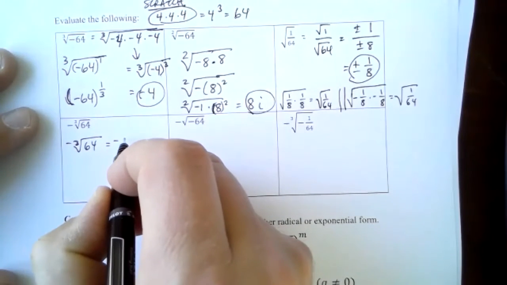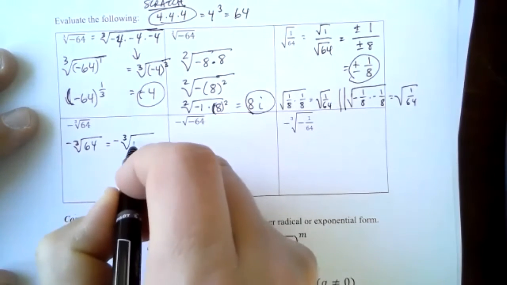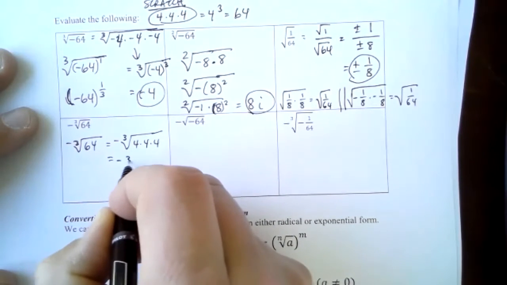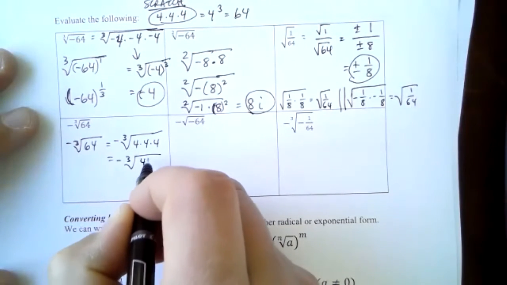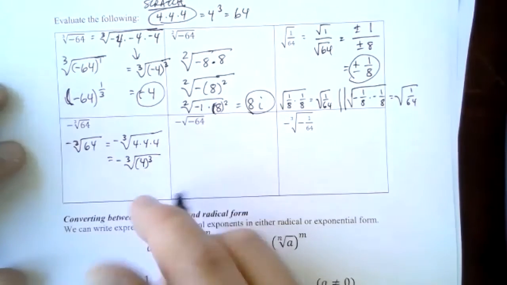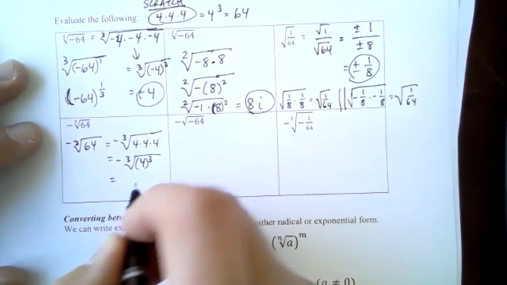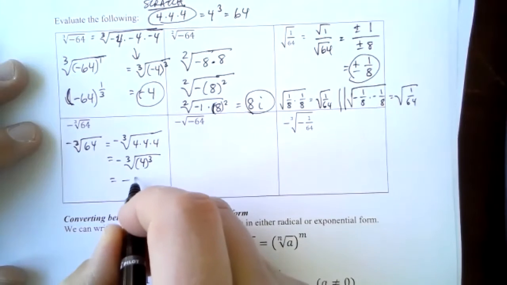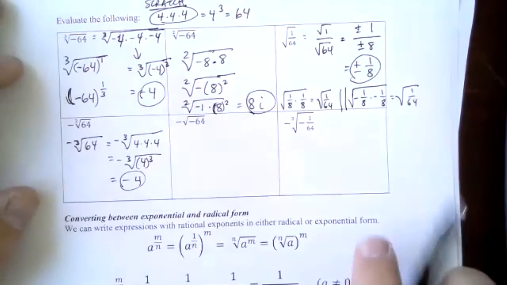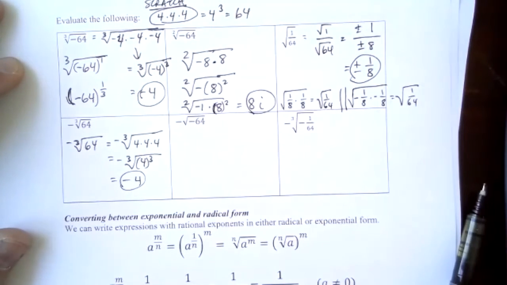What's going to happen here is we're going to have a cube root of 4 times 4 times 4. So rewriting that, we get the cube root of 4 to the third power, and then the third power and the 3 cancel out there. The negative still stays, and it's going to be 4 for my final answer, okay? Negative 4. So I have one real root for that, only one.